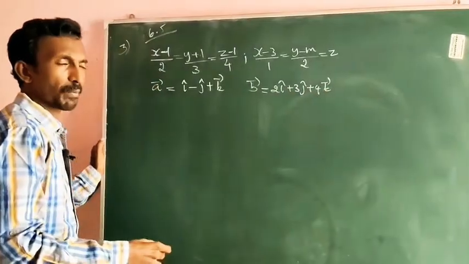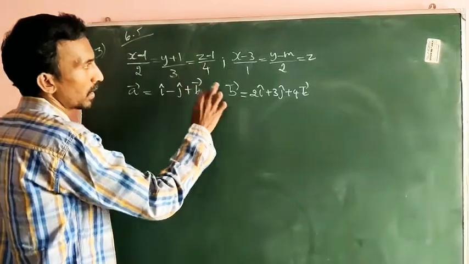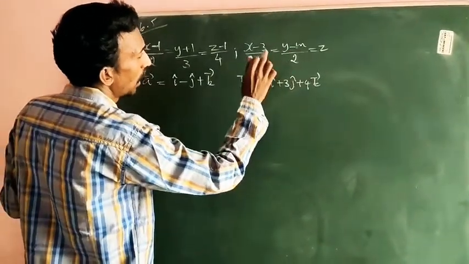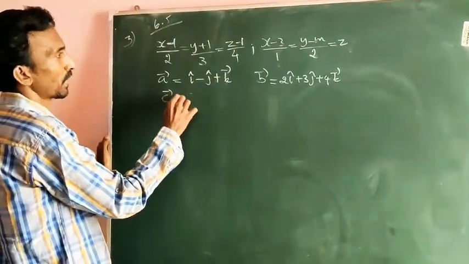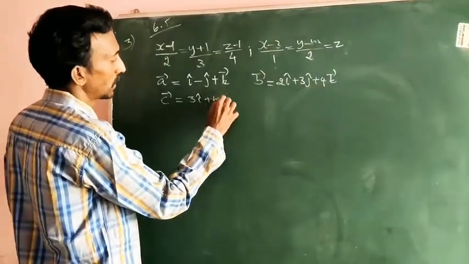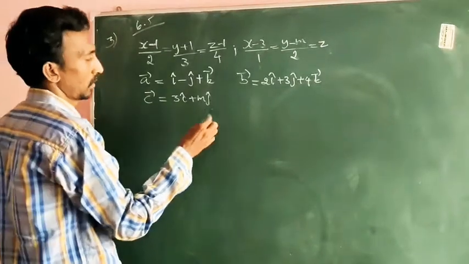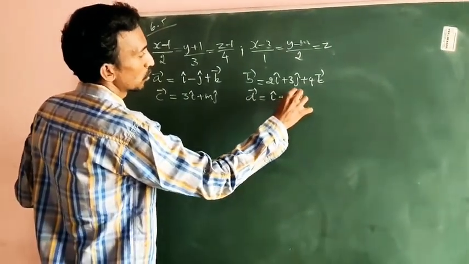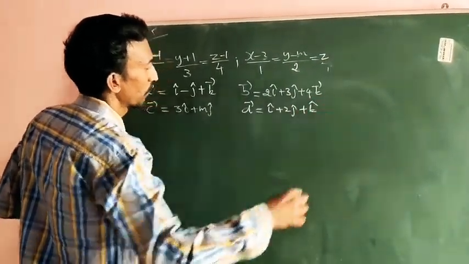Or you can take a point x1, y1, z1, b1, b2, b3, x2, y2, z2, d1, d2, d3. Are you clear? So c vector equals 3i plus mj, there is no z so 0k, and d vector equals i plus 2j, here 1 is present, so plus k.